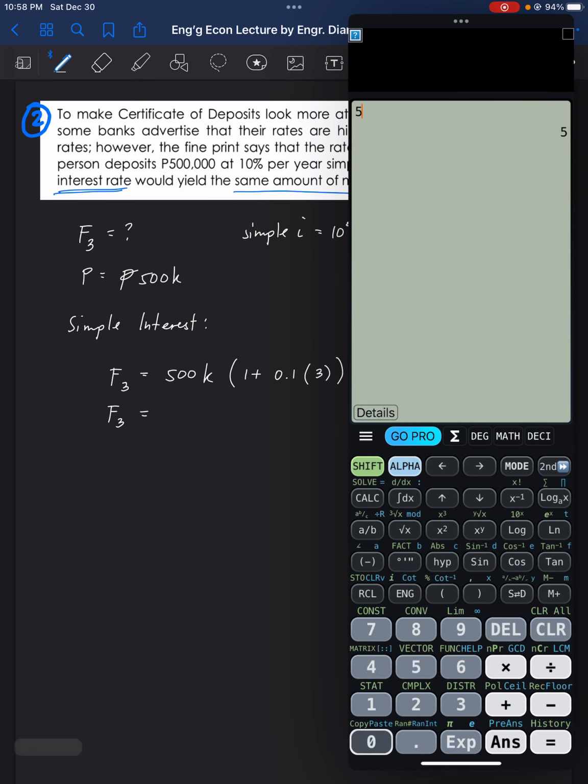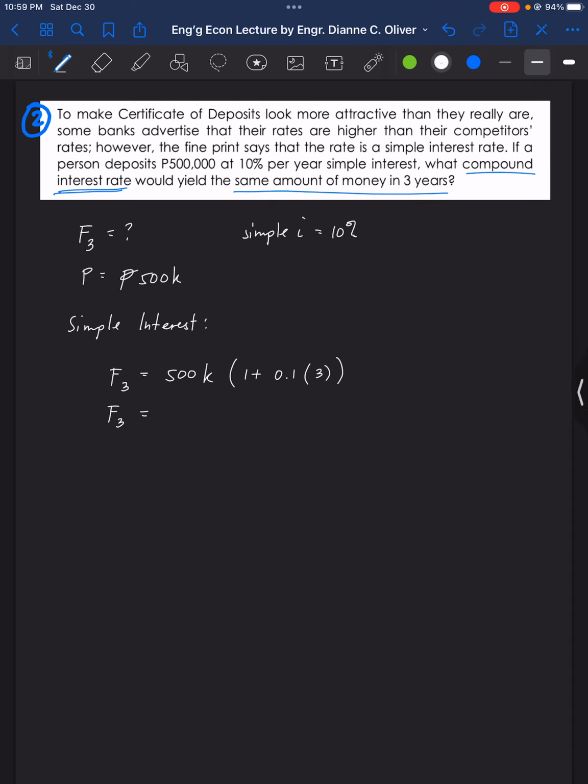That will be 500,000 times 1 plus 0.1 times 3. So that will be 650,000 pesos. Now here in our compound interest, F3 is equal to P times 1 plus i raised to n.